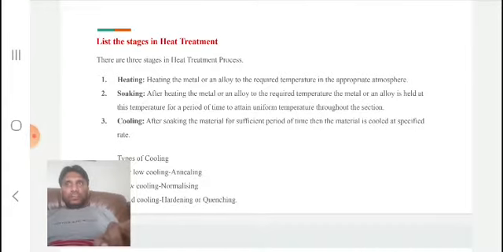So, heat treatment is a process of heating and cooling of a metal or an alloy in its solid state in order to change the properties of the metal.